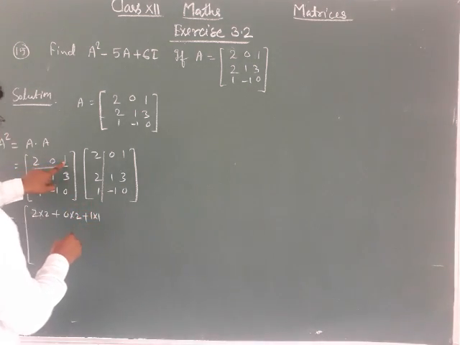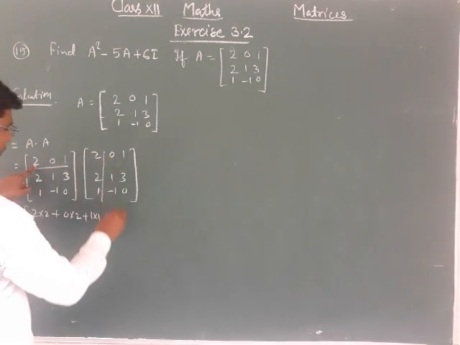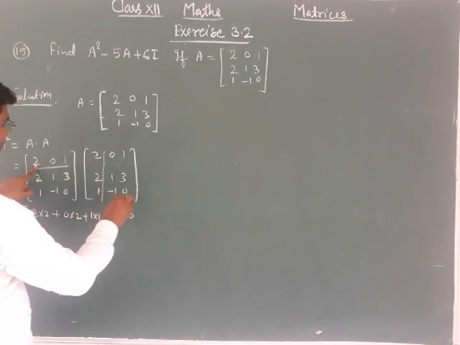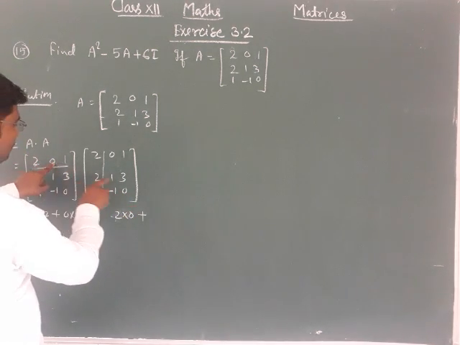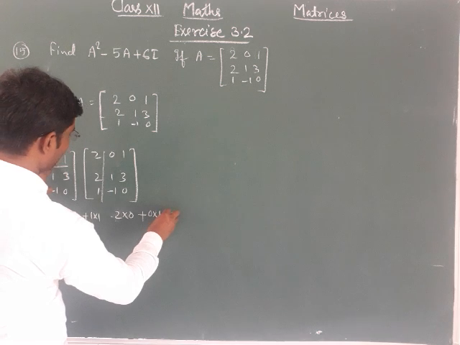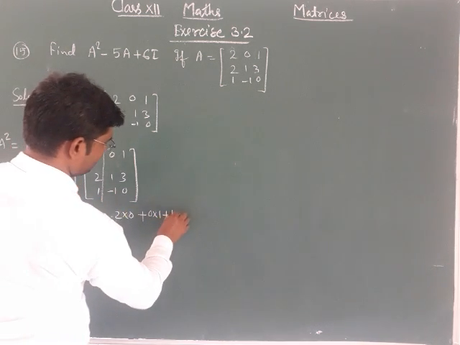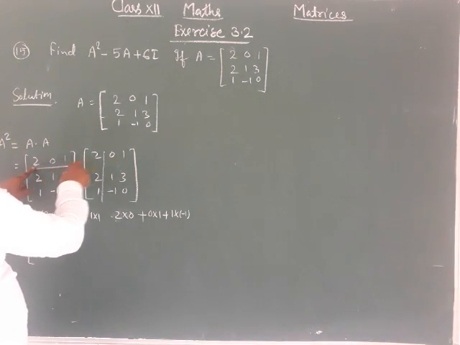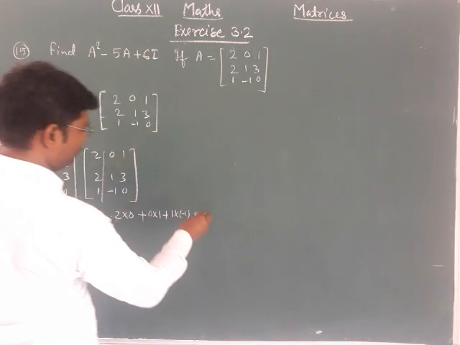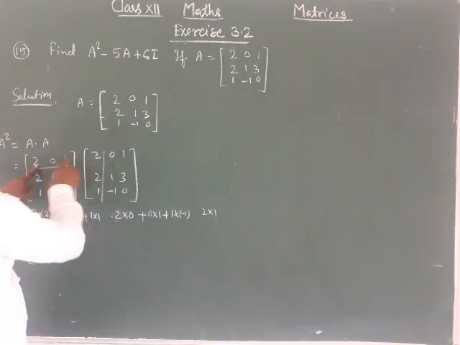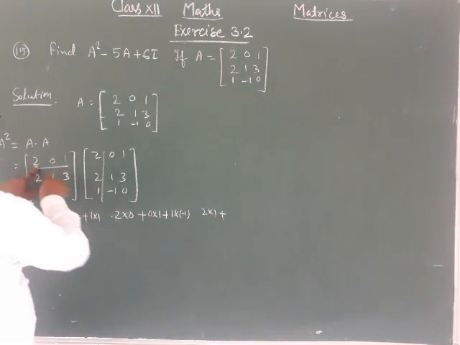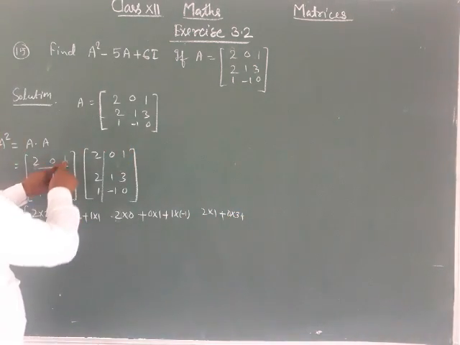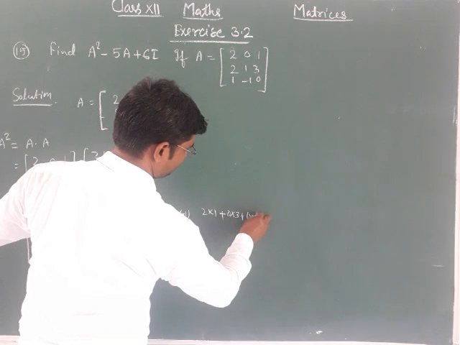Then first row and second column: 2 into 0, plus 0 into 1, plus 1 into minus 1. And first row and third column: 2 into 1, plus 0 into 3, plus 1 into 0.